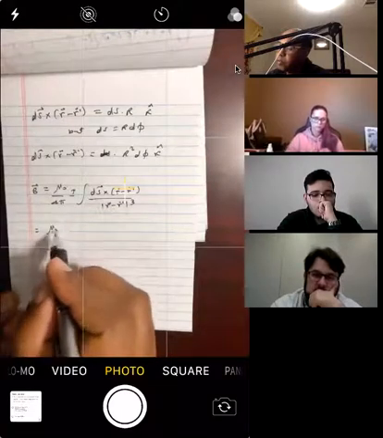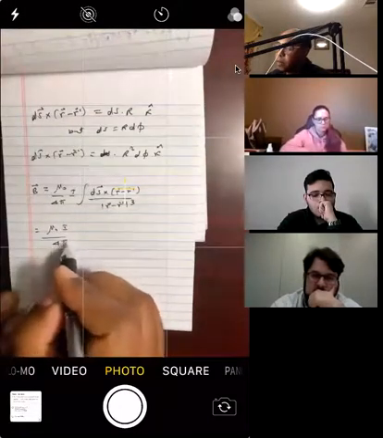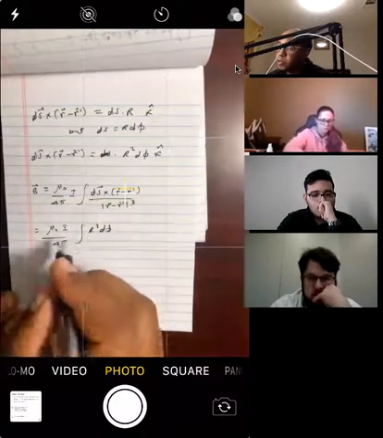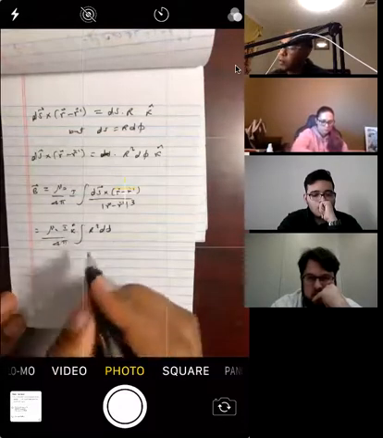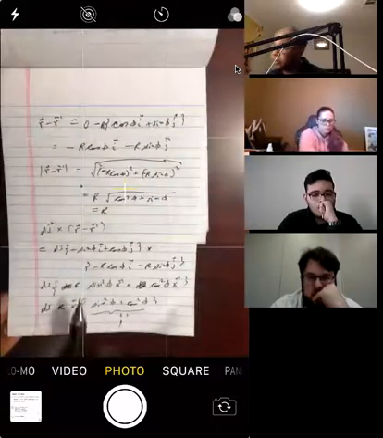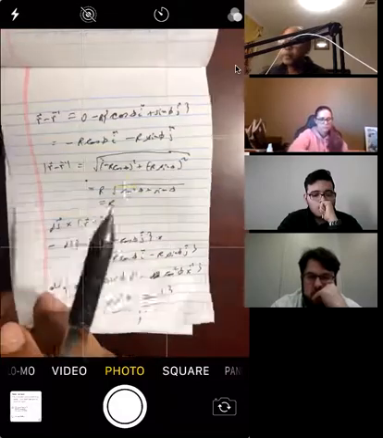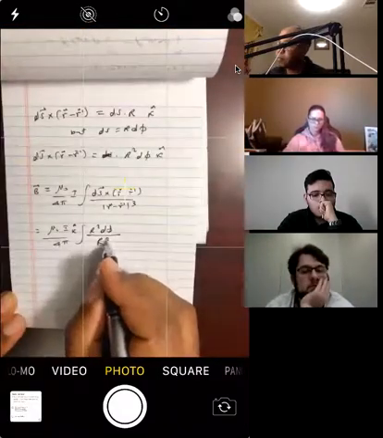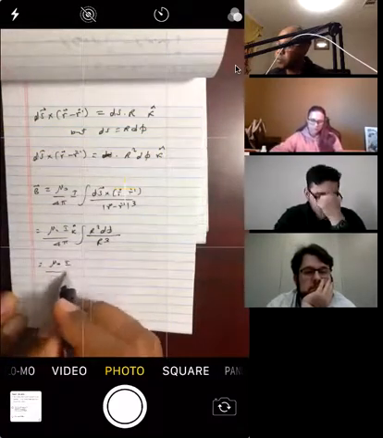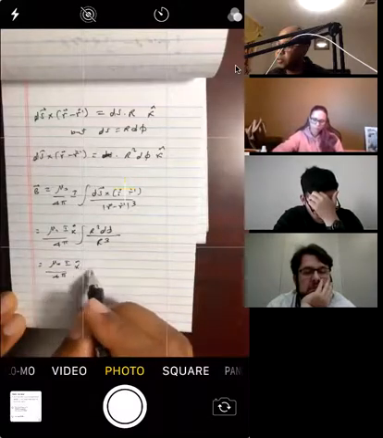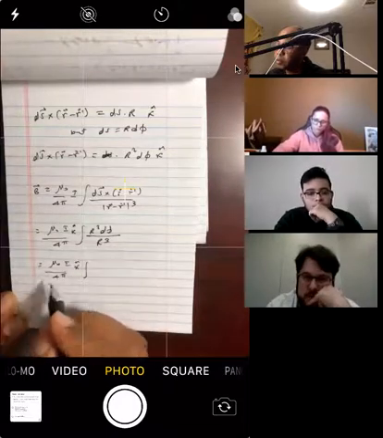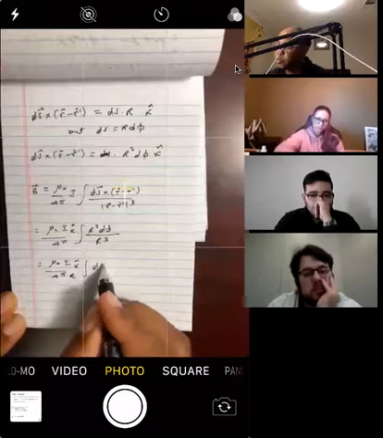This is mu naught I divided by 4 pi, the integral of r squared d phi in the k direction, divided by r cubed, since we've already done the magnitude, which is just r. We can also take r squared out, so this is 1 over r, and just the d phi remains.